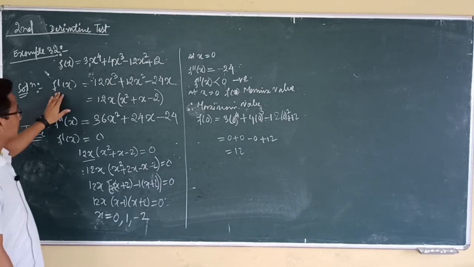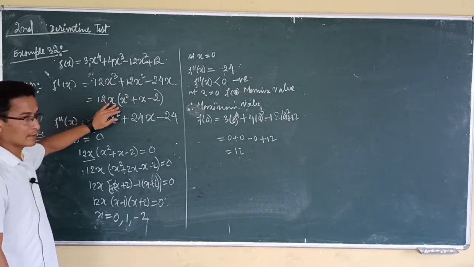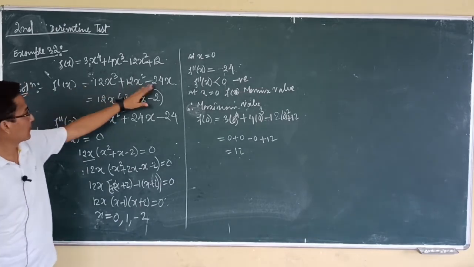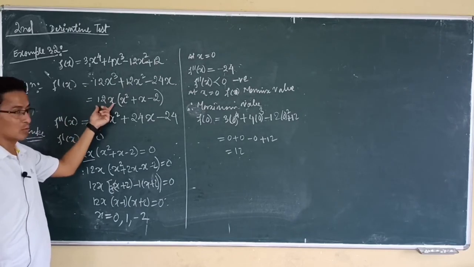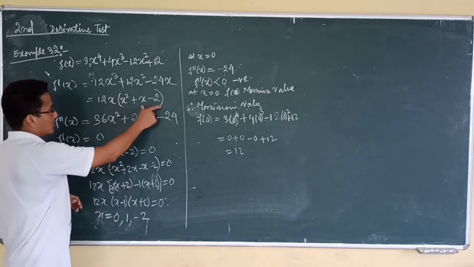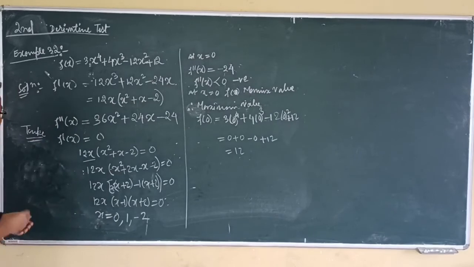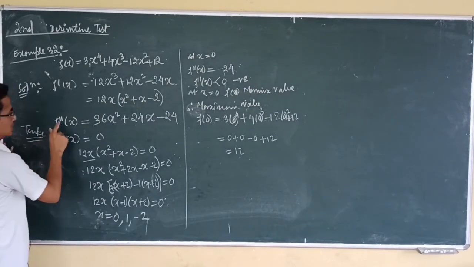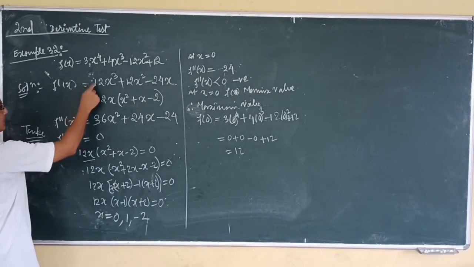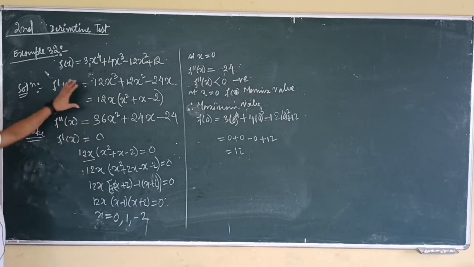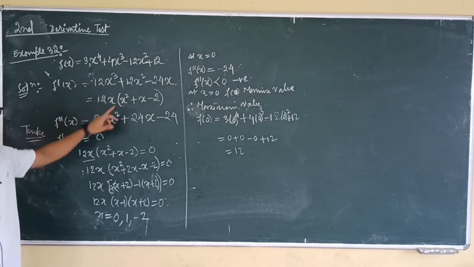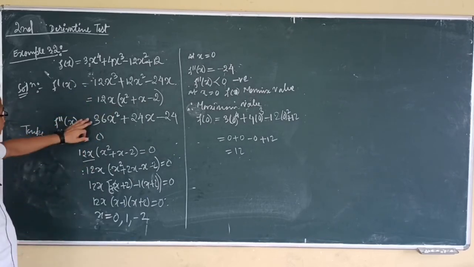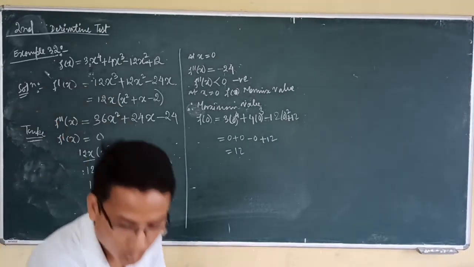After differentiating, we get this. I take 12x common, then the remaining part is this. Then I differentiate 2 times. This time I will directly differentiate from here, because if I differentiate from here, you might get a little confused. That's why I will take it directly from above.